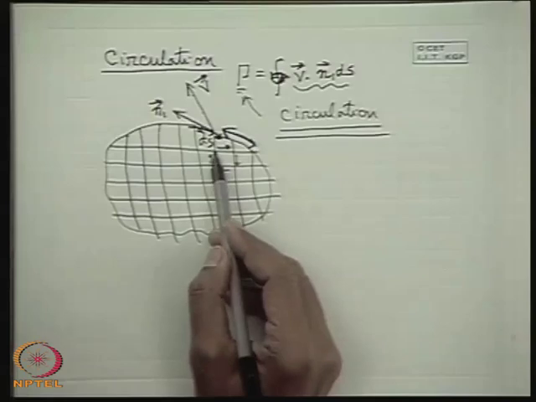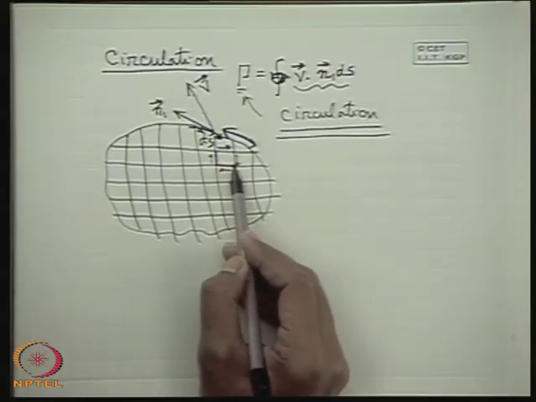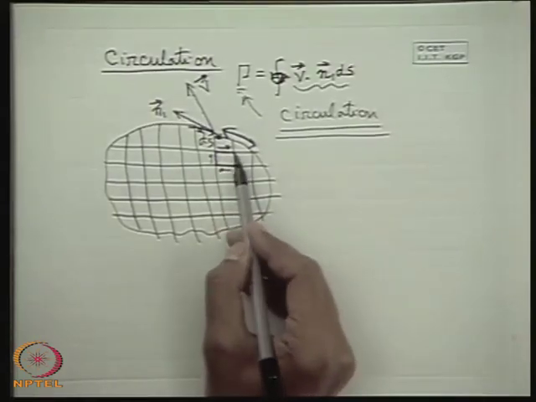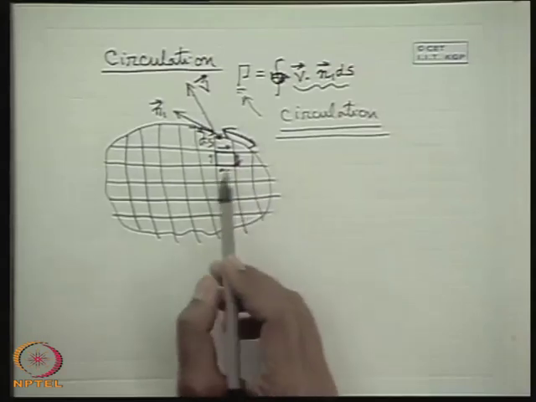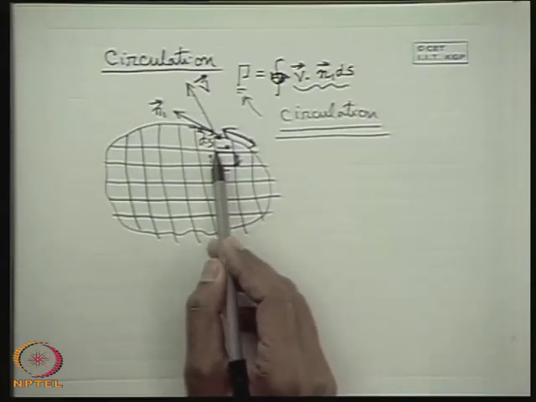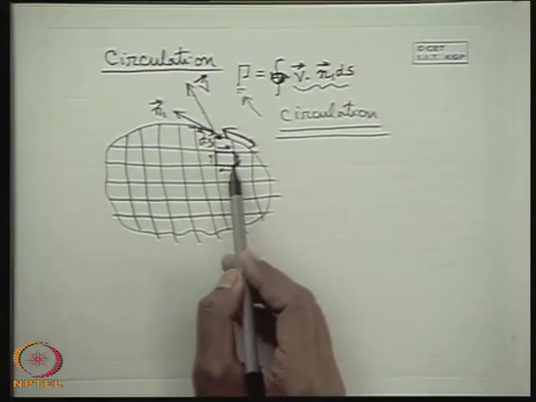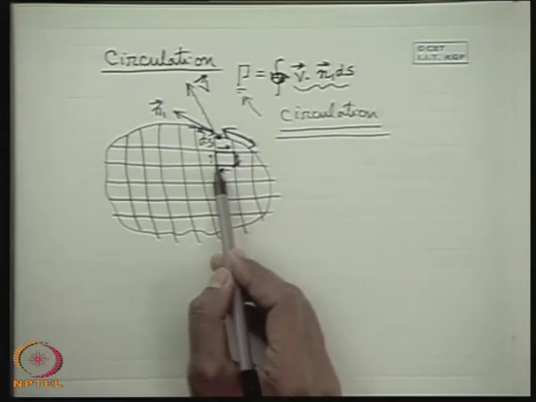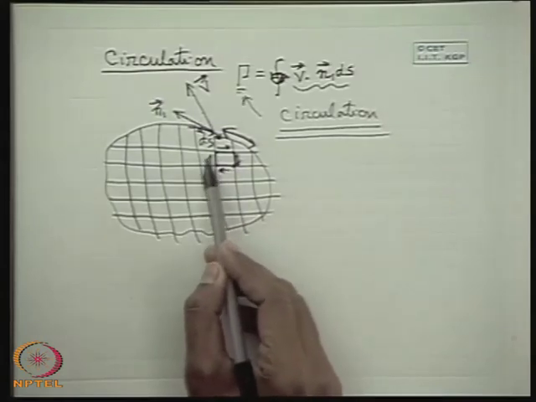Now you see, therefore, for a small circuit, the circulation will be defined by the velocity vector multiplied by this length, this velocity vector multiplied by this length, this velocity vector multiplied by this length, this velocity vector multiplied by this length.